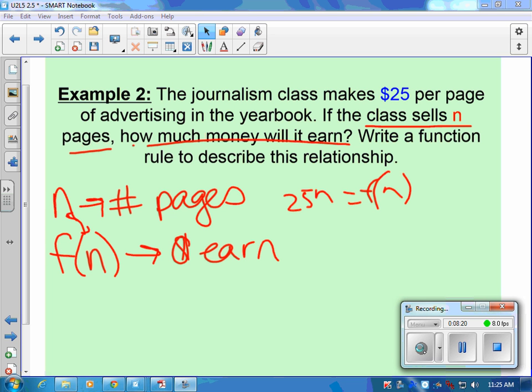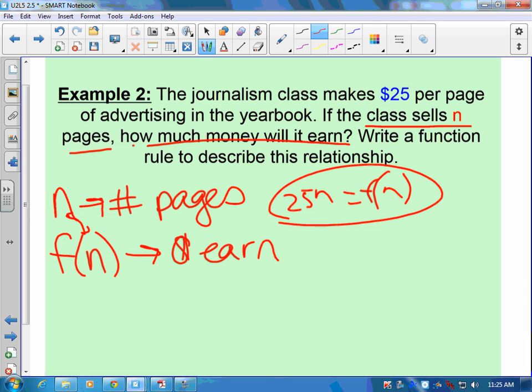So is this function correct? Does this function show 25 times the number of pages? Yeah. So here is our function for this problem. You could have written it f of n equals 25n. That doesn't really matter. Normally we see the function first, but they mean the exact same thing. With an equal sign, that order is interchangeable.